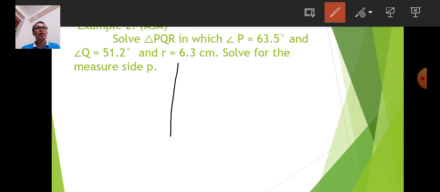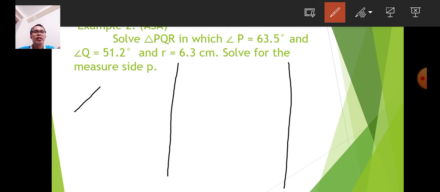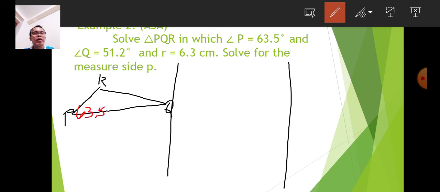So we're going to divide this into 3. Okay. So we are going to draw the triangle. So this is the triangle. So this is R. This is angle P. And this is angle Q. And we were given that angle P is 63.5, so this is 63.5.